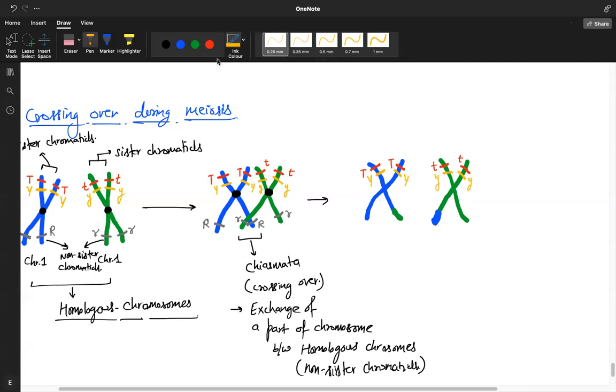Very good. Then let's go. Capital R, small r. Let's go to this gene here. So this is the gray one, this is the gray one, this is the gray one, and this is the gray one. Capital R, small r, small r.